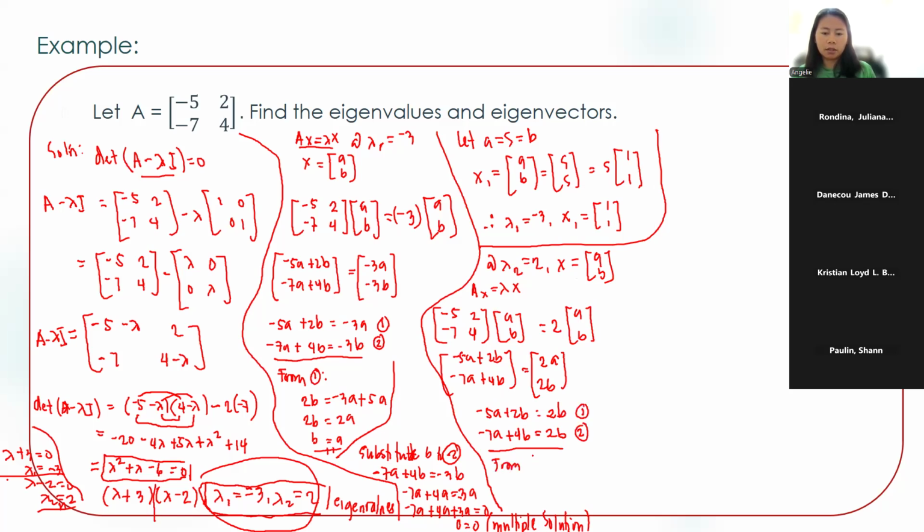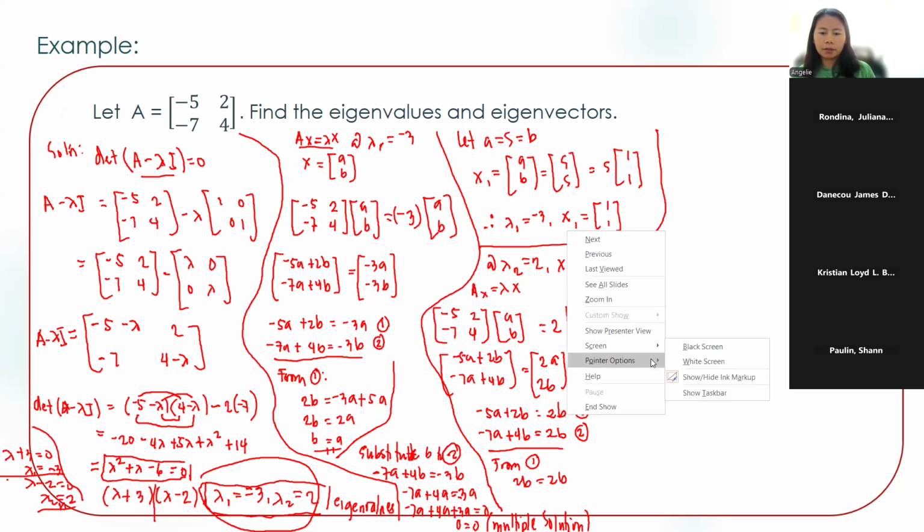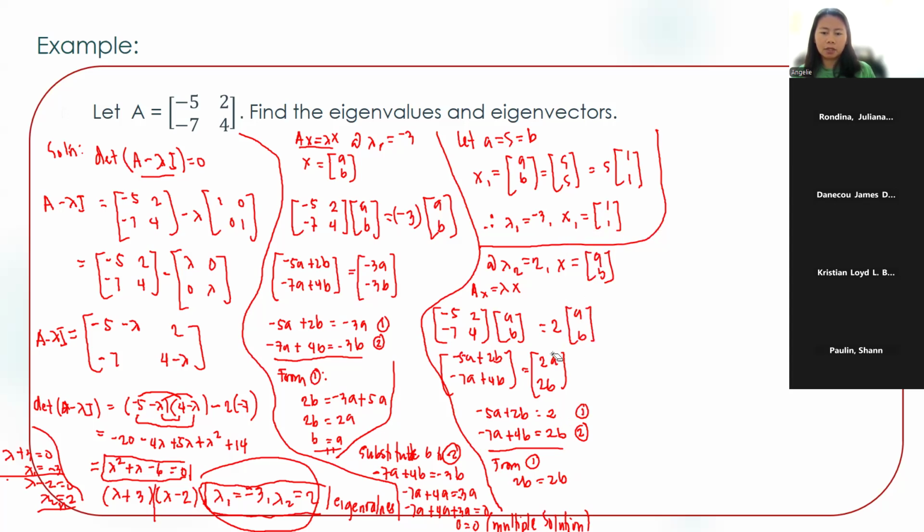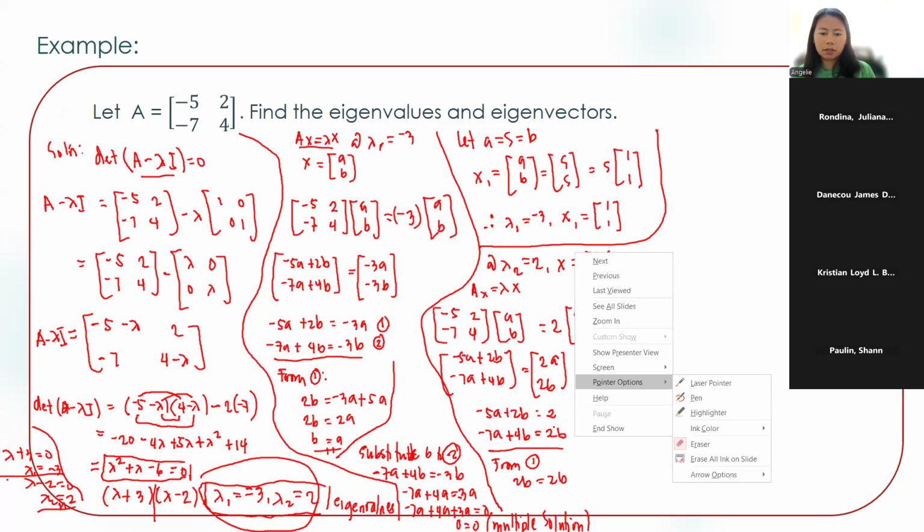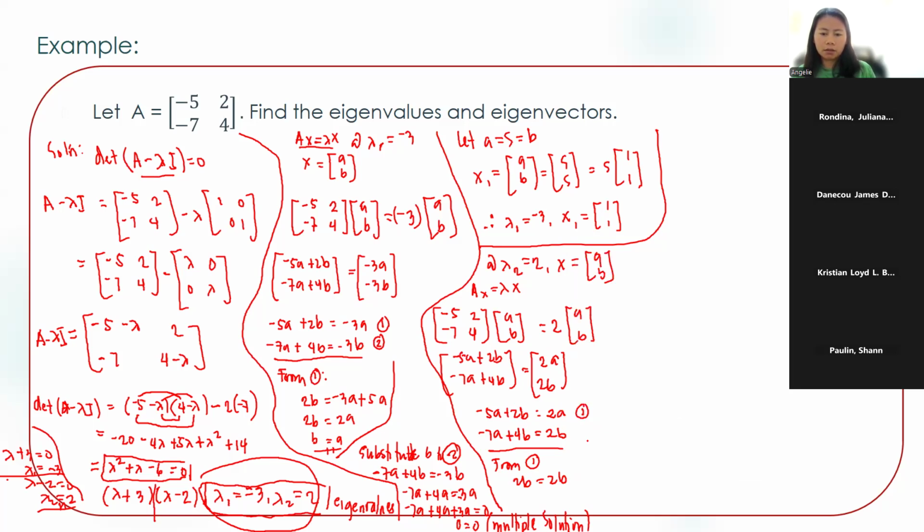From 1, we find the value of b in terms of a. So, we have 2b equals 2b. Wait. This is a. Why b? This is a. Be careful.